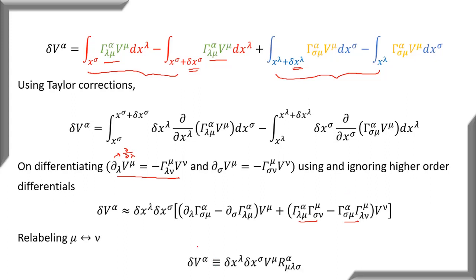Now, I can just relabel mu and nu from the symmetry of Christoffel symbols, and just rewrite this entire term as delta v alpha, which can be rewritten in this form, that is delta sigma of lambda delta x lambda v nu, with all these terms comprised into one quantity, that is R mu lambda sigma.